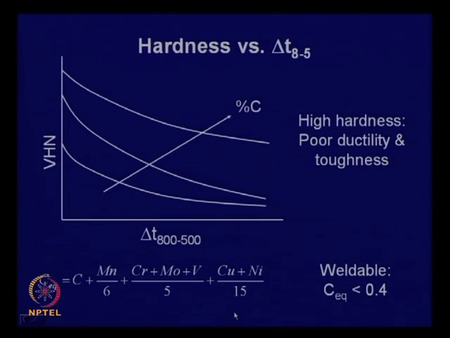Using this it is possible to find out the carbon equivalent, and usually steels where the carbon equivalent is high are difficult to weld, and you need preheating and post heating so that you can control the cooling rate. But weldable grades, low carbon grades, are easily weldable.